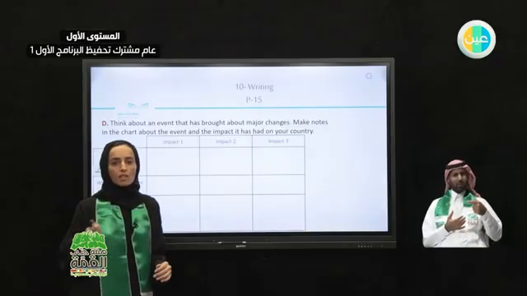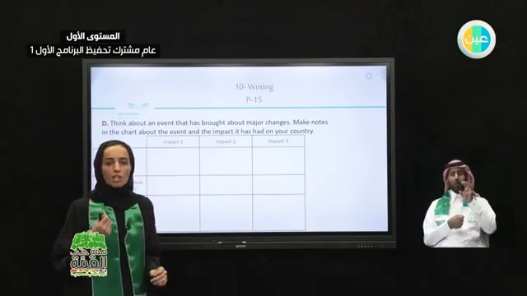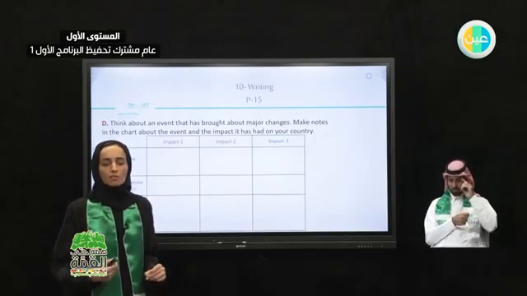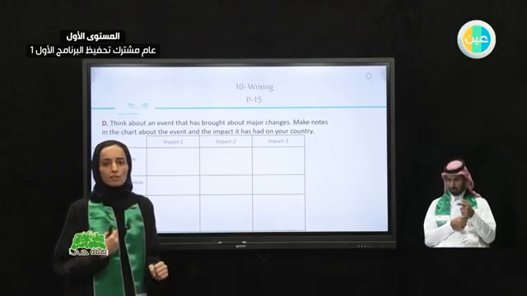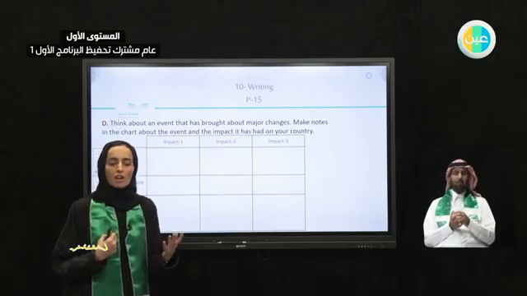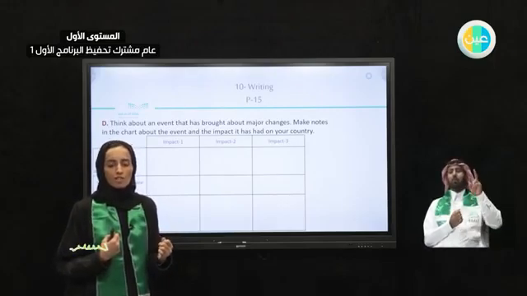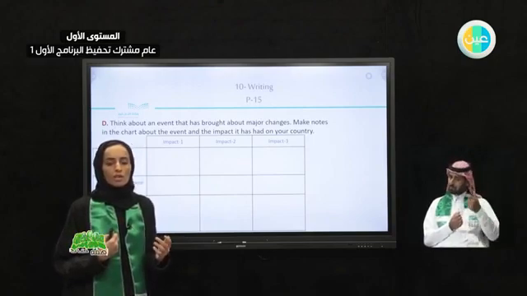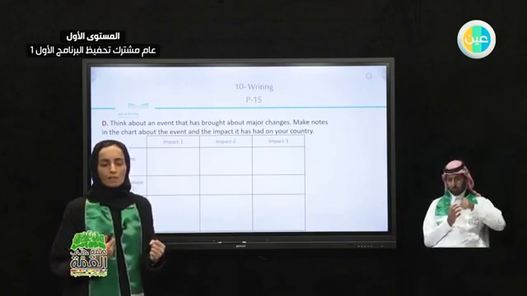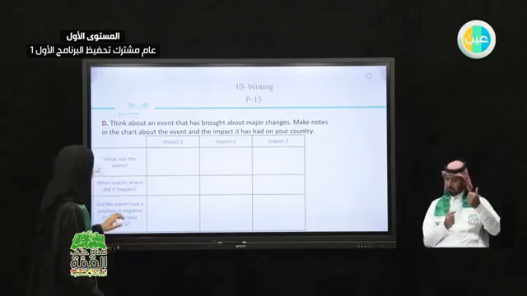Speaking about the coronavirus, negative effect. Unification of Saudi Arabia, positive effect. The Vision 2030, positive effect. The invention of the car, so it had a positive effect on humans' lives. So let's start with the first one.